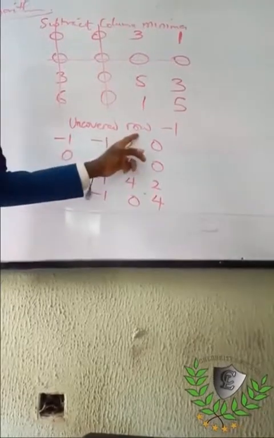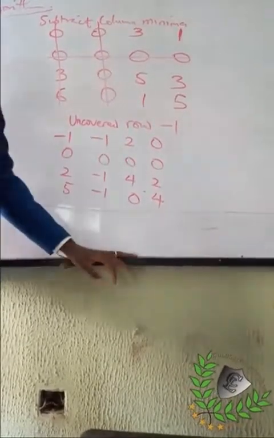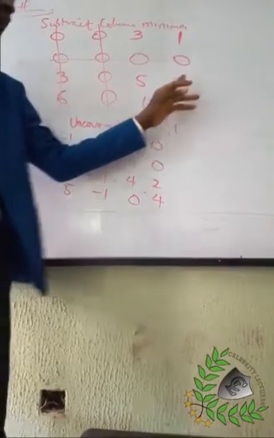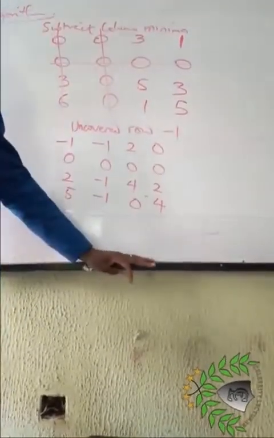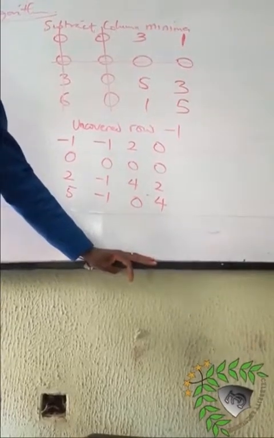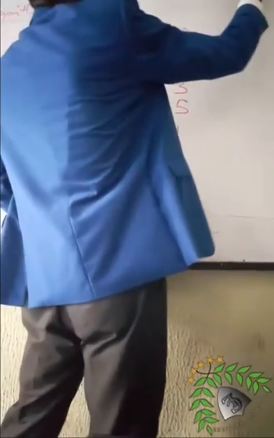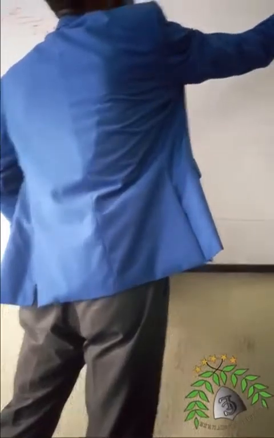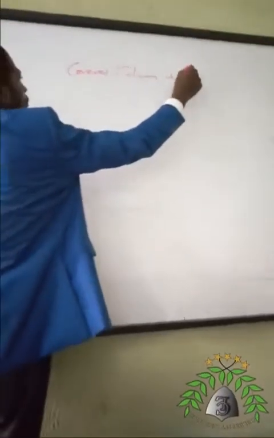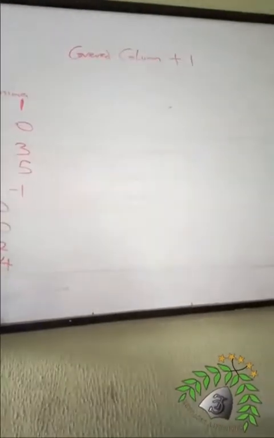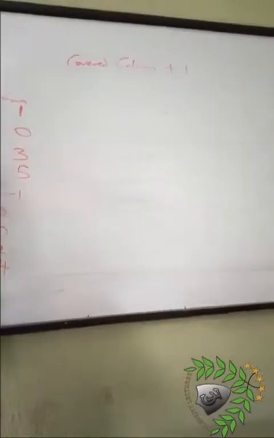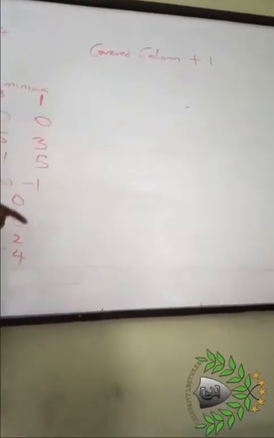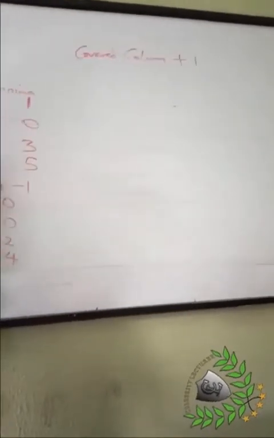Don't forget, that 1 is coming from the lowest cost that is not covered. These 6 numbers are not covered, and the lowest among them is 1. So that's why I'm subtracting 1 from all the uncovered rows, while I'm adding the 1 to all the covered columns. The first 2 columns are covered, the last 2 are not covered. So I'm adding that 1 to the first 2.